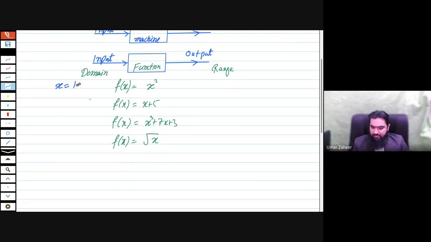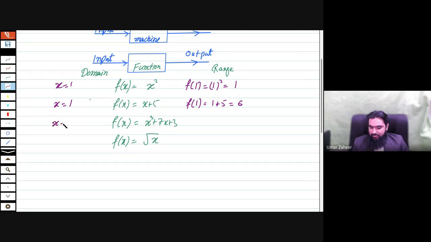Okay, for example, if I substitute x is equal to 1 in the function, you will get f of 1 is equal to 1 squared, that will be 1. If I substitute x is equal to 1 in this function, I will get f of 1 is equal to 1 plus 5. The output is going to be 6.